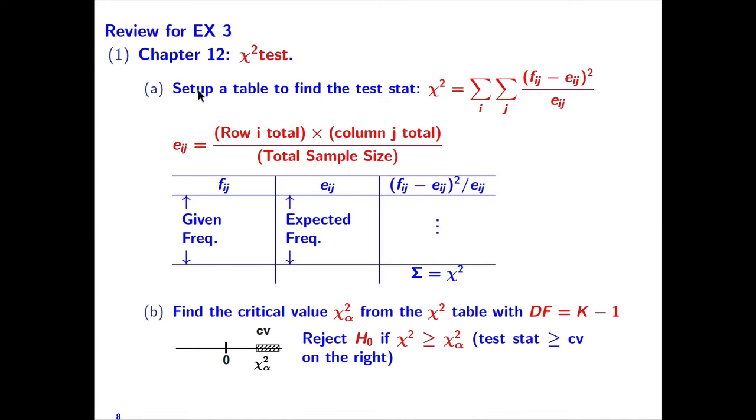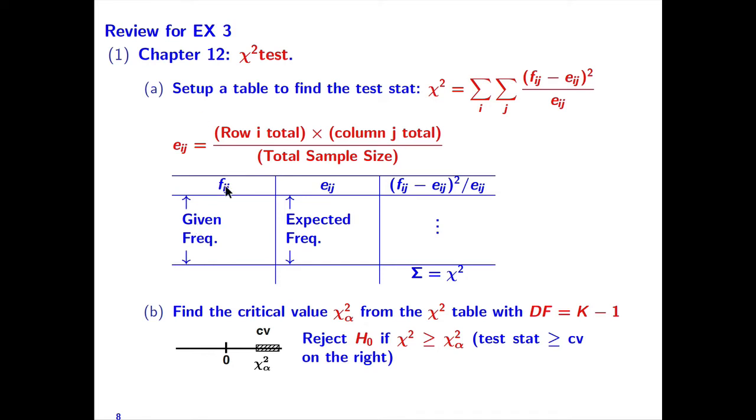And for step number 2, we set up a table to find the test statistic chi-square, equal to the double sum of Fij minus Eij squared over Eij, where this expected frequency Eij can be computed by row i total times column j total over the total sample size.